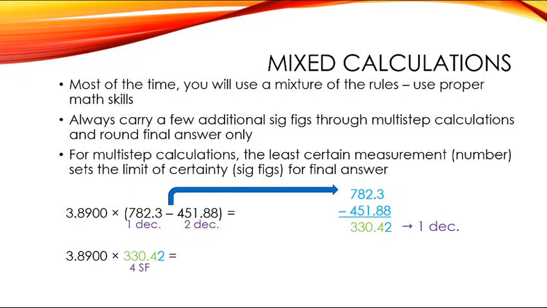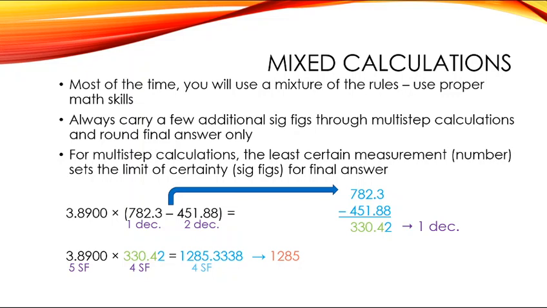That's why the rule kind of changes here. And then our 3.8900 has 5 significant figures. So our final answer needs to be rounded to 4 sig figs. The 1285.3338, which is what your calculator would have given you, needs to be rounded to 1285.